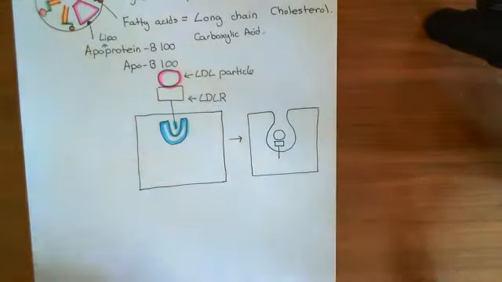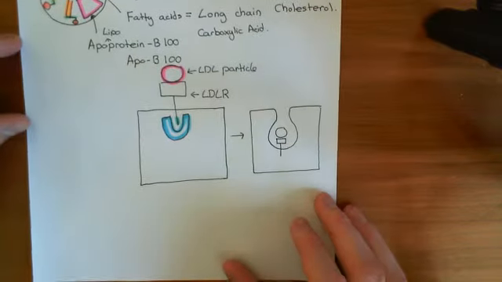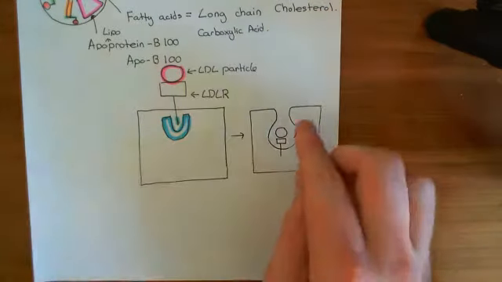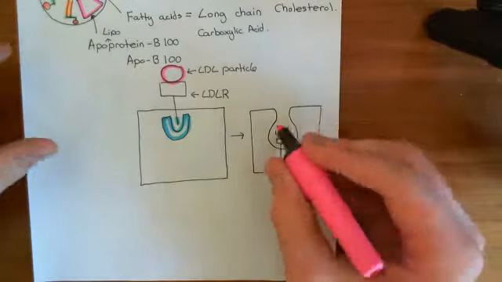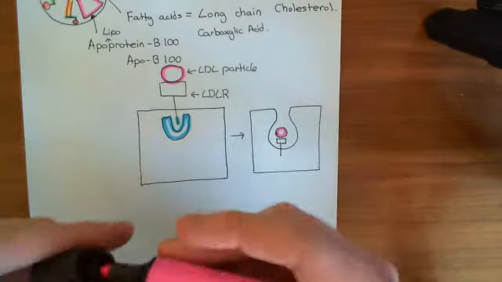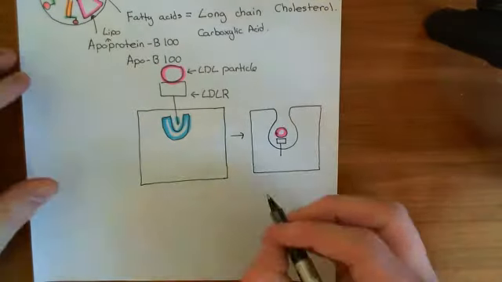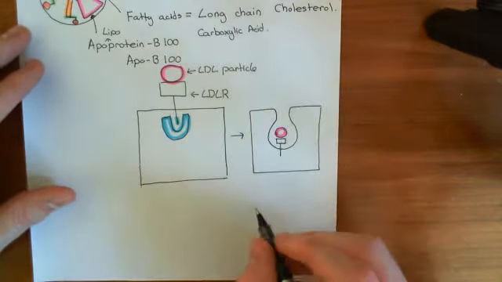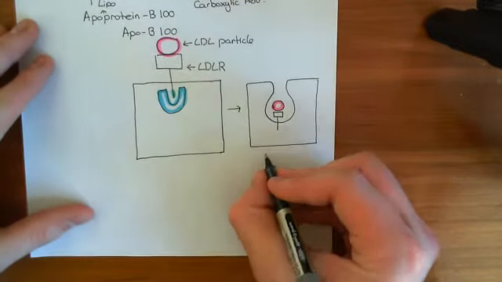Okay, and as I've said in earlier videos, this process of budding off is dependent upon the protein clathrin. So clathrin will form a structure which pulls the membrane down into this bud here. Okay, and then finally you'll get this pinching off of this budded vesicle to actually get an endocytic vesicle.